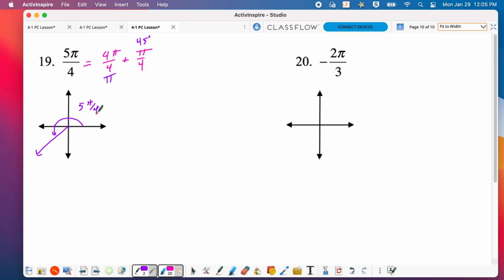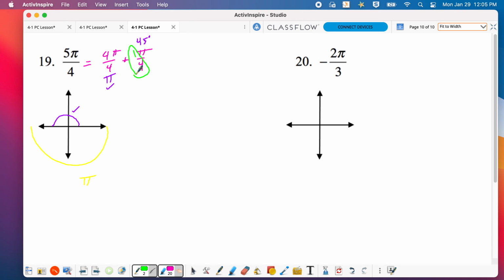All right, if you see that that works, what we can also do, let me erase this and start over. We know that 4 pi over 4 is halfway, so that's the same. We're good here. The bottom half of this has a measurement of pi. What I want to do is go 1/4 of this pi.